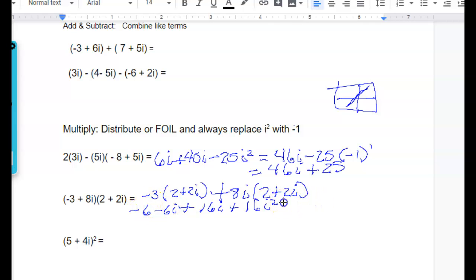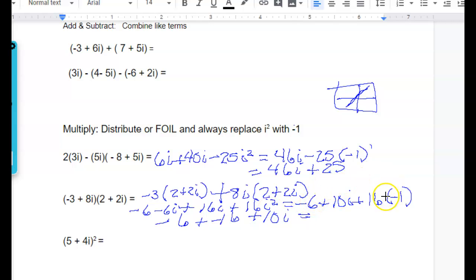We've got a -6. I've got these two middle terms that add, which is 10i. And then I've got the 16i squared. So remember, anytime I see an i squared, I'm going to replace it with a -1. So now I have -6 and a -16 and a 10i.